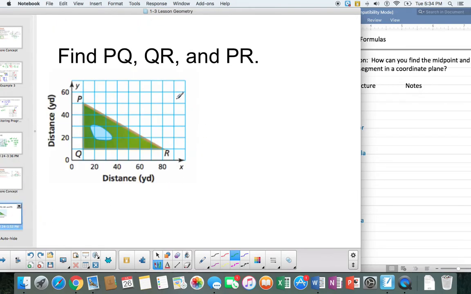All right, so let's try to figure out PQ. PQ, you can see that these are by 5s, by 10s, I'm sorry. So this is 10, 20, 30, 40. So distance PQ is 40. Distance QR, and these are going by 10 again, 10, 20, 30, 40, 50, 60, 70.